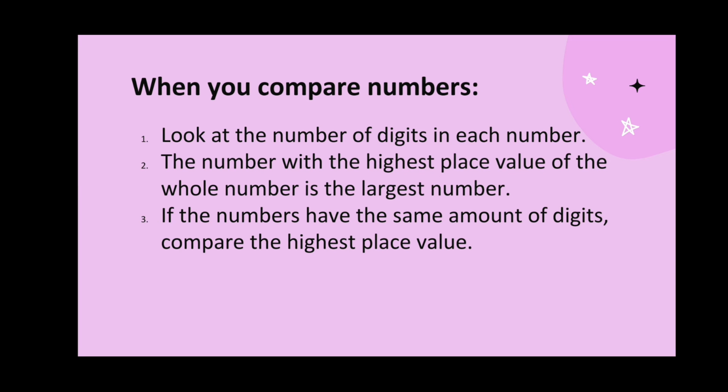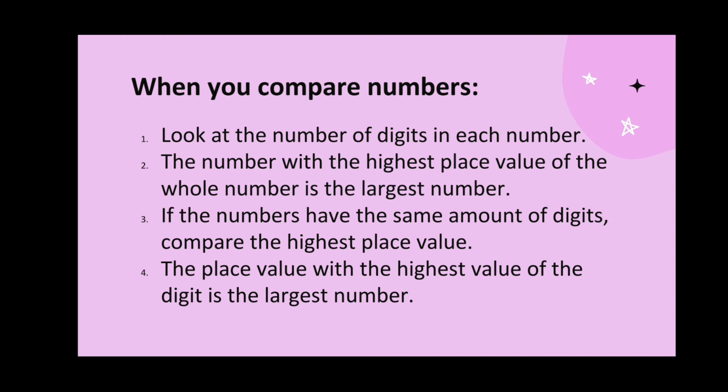If the numbers have the same amount of digits, compare the highest place value. So for example, lahat ng given numbers ay pare-pareho ang highest place value. So you're going to compare the digits naman dun sa highest place value. Now, the place value with the highest value of the digit is the largest number.